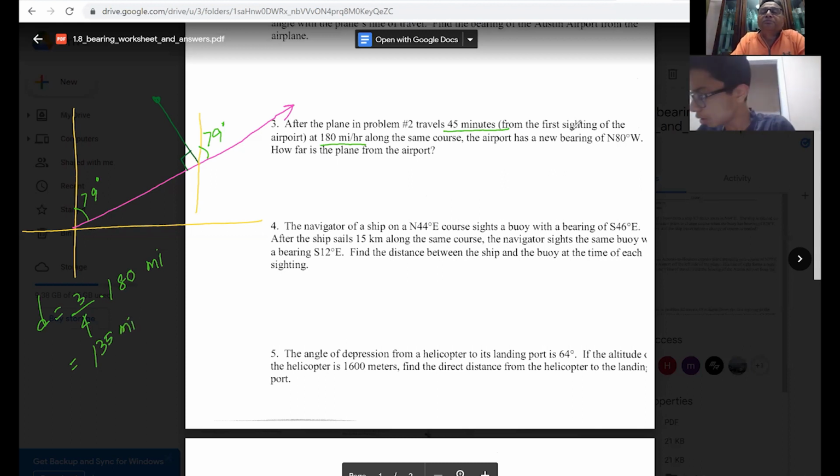Okay, so the airport has a new bearing of north 80 degrees west. After traveling that much, which is 135, from here, north 80 degrees west.